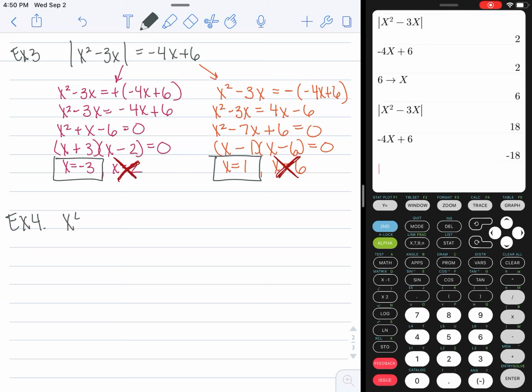And I have x to the 4th minus x cubed plus 5x squared is equal to 6. Alright, so if I had 4 terms, in my head I'm thinking, alright, I can probably go by grouping, so let me just check here. X to the 4th minus x cubed plus 5x squared minus 6 equals 0.